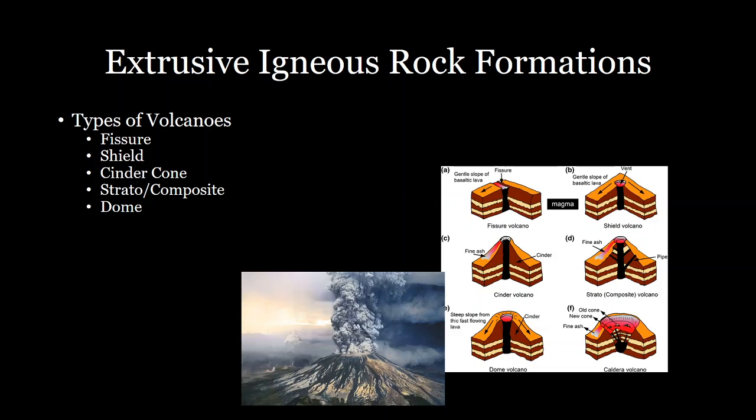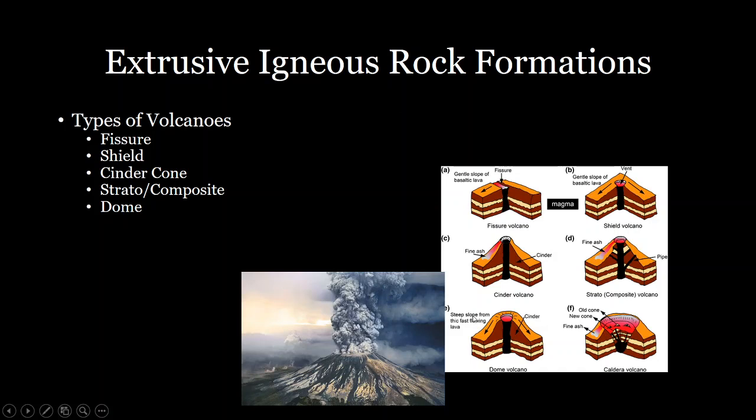So a lot of times that high viscosity of the lava can kind of plug it up, and therefore in order for the lava to come out, you need an explosion. And this is Mount St. Helens, which is a very famous volcanic explosion that happened in Washington and exploded material all over the Pacific Northwest.